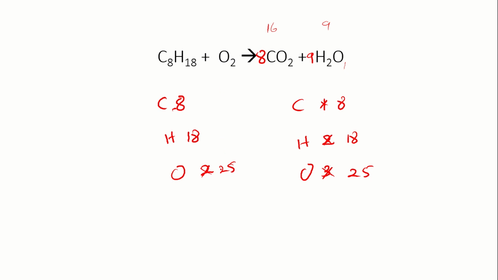So if I need to have 25 oxygen atoms, the coefficient I should put over here is 25 divided by 2. You can either put it like this, or you can put 12.5.